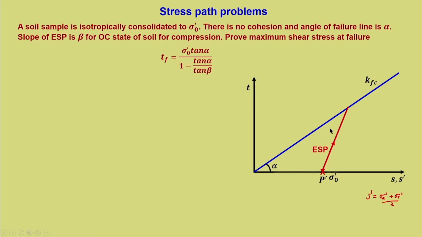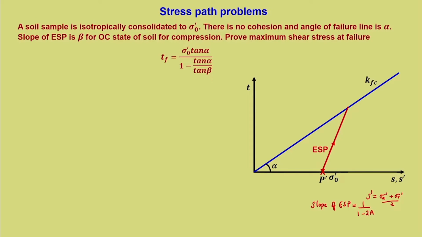Now, how did I draw the effective stress path with such an inclination? Nothing is told, only that the effective stress path is at an inclination of beta. This beta can be in this direction as well. So, we have to look back to the slope of ESP in the t-s-dash plot, that is 1 by 1 minus 2A.